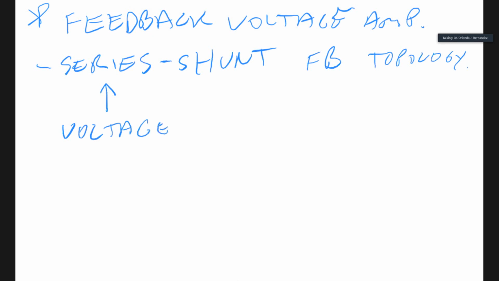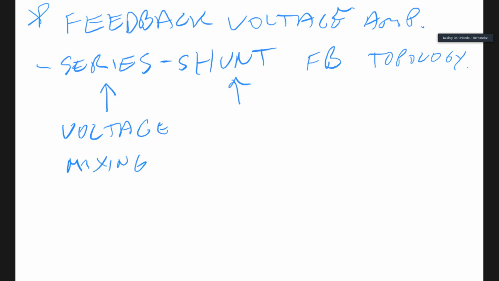If you're doing series, the first word refers to the coupling, and if you're doing series, you're doing voltage mixing. Okay? The second word refers to how you are sampling the output.